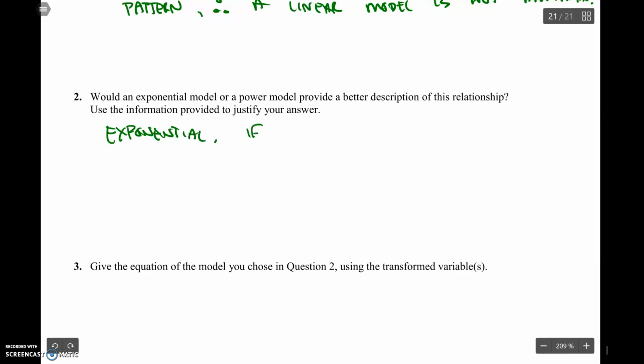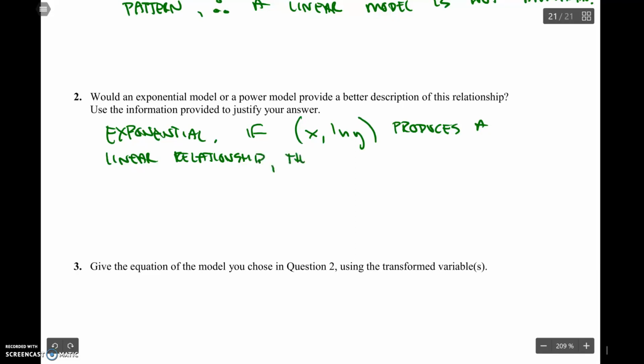Why? Well, if x versus ln y produces a linear relationship, then an exponential model is appropriate.